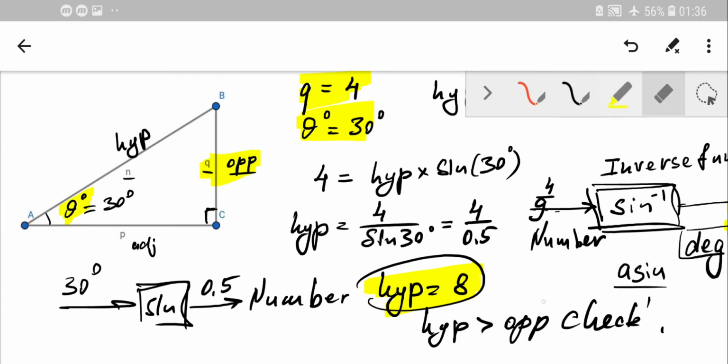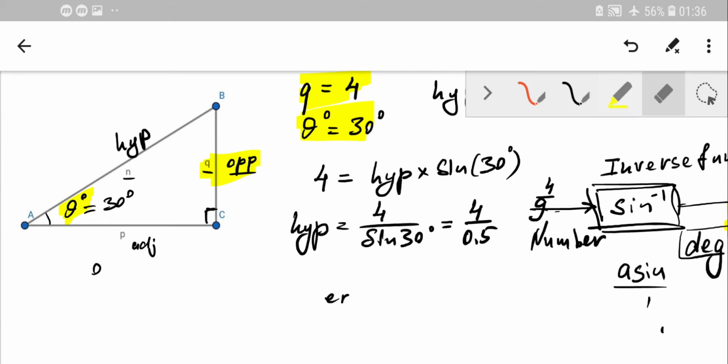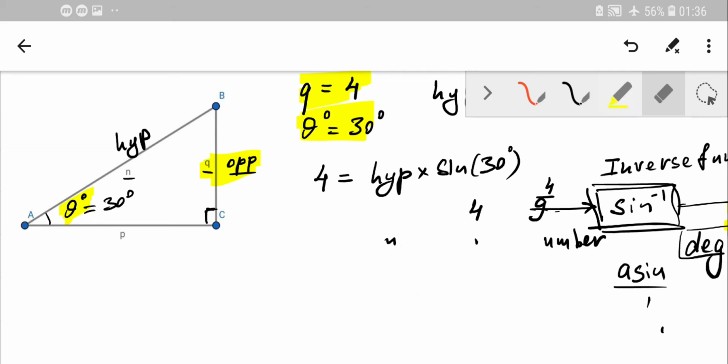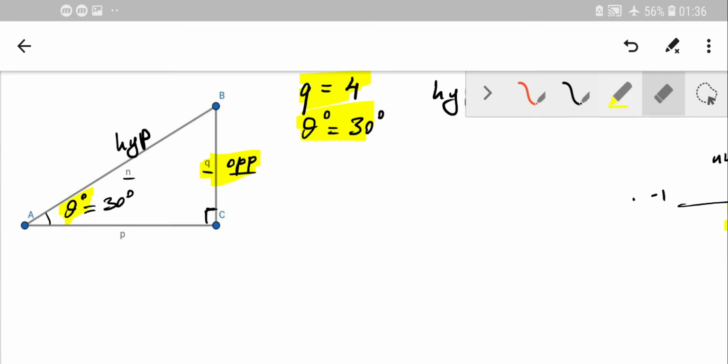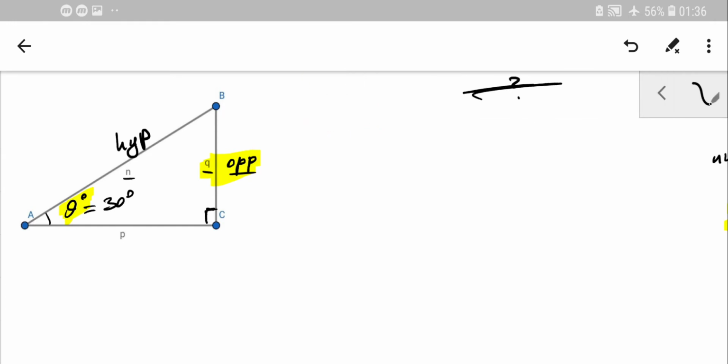Okay, let's do a bit more complicated task in this case. So the same triangle, now we know the following. So let's say we've got another angle.